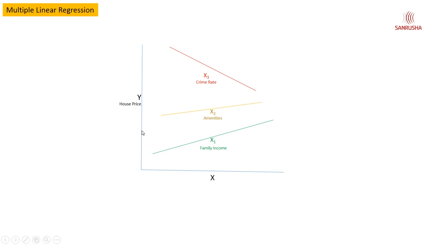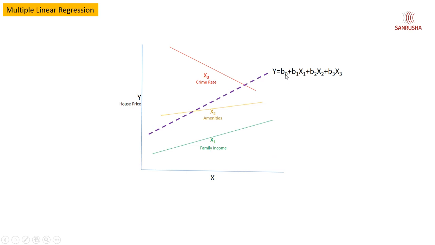Now consider this. Now you have one dependent variable and three independent variables to play around. That is called multiple linear regression. How will you predict the y now? You have to have a formula wherein you can fit all these independent variables. Through that formula, you will come up with a straight line which actually takes into account all these independent variables.